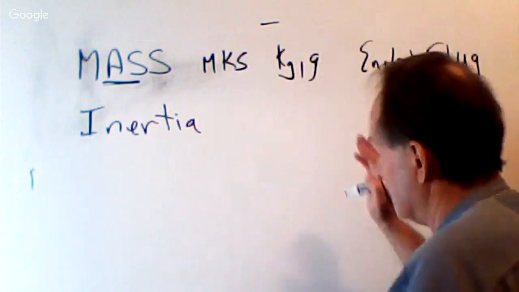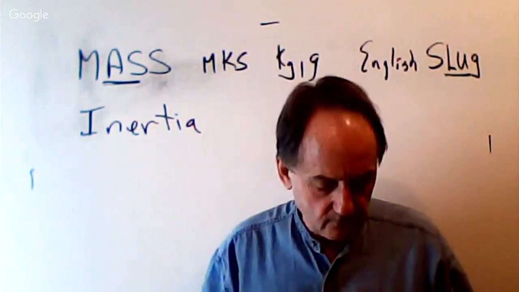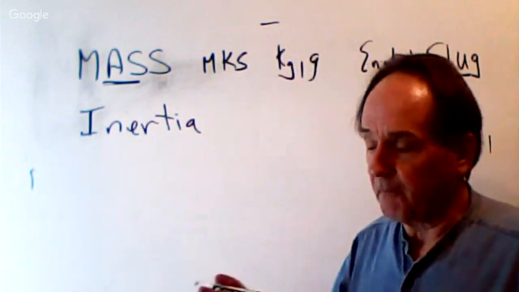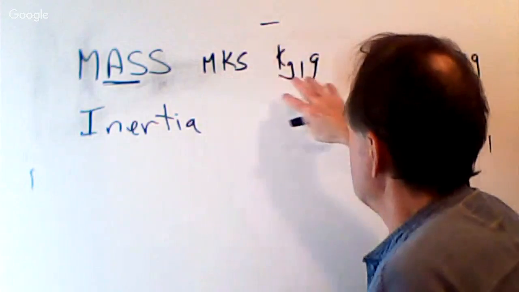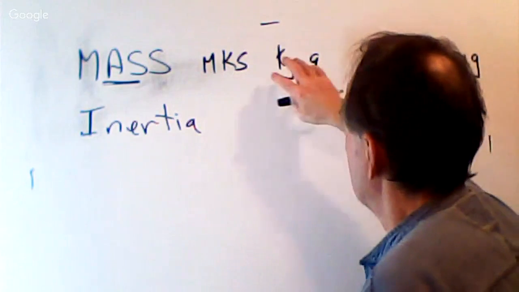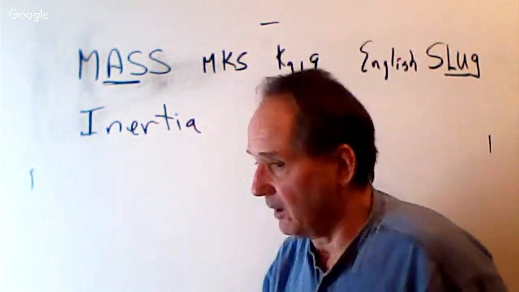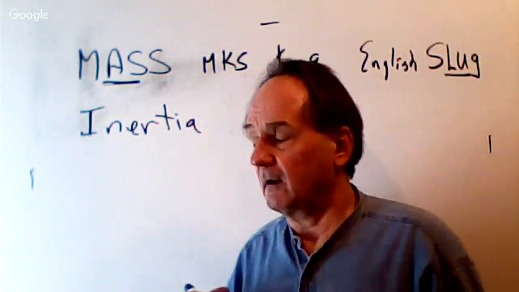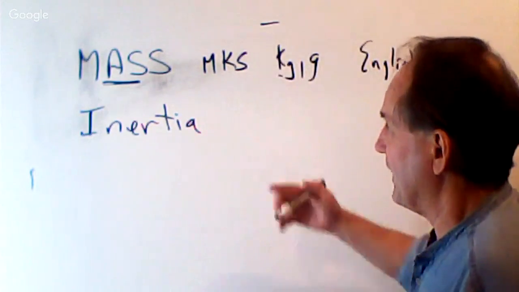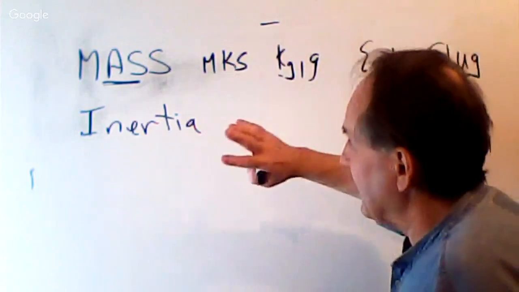Mass and inertia are often used interchangeably to describe this property of matter. Mass has units in science. Inertia does not have any units. It's more of a concept, thought of as a property of matter that results from the mass, but that's not entirely true.